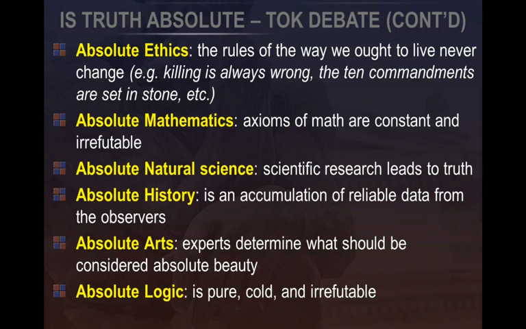Depending on your belief system, the 10 Commandments are set in stone, etc. Mathematics is absolute. The axioms of math are concrete, irrefutable. Math is set down. And with each of these I present, some of them might sound more reasonable to you than others. Like maybe this second one, you're like, yeah, that sounds reasonable. Math isn't going to change.